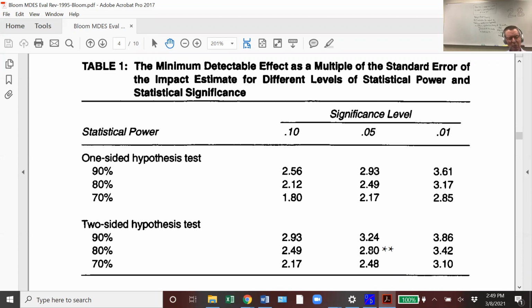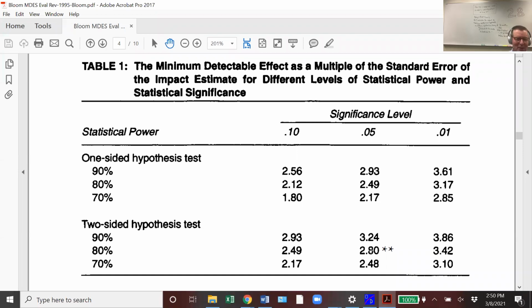But then to see whether this relatively small data set is going to have enough power, you can use ECLSK or some other data set you can readily access, randomly select, let's say, 200 observations in the target data set, come up with a measure that's roughly similar to your dependent variable, come up with a measure that's roughly similar to your independent variable, and see what the standard error is, right?